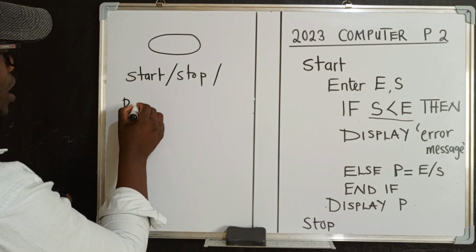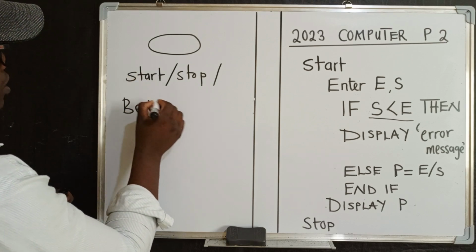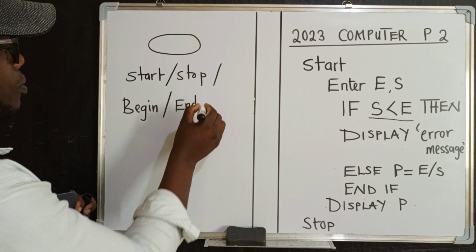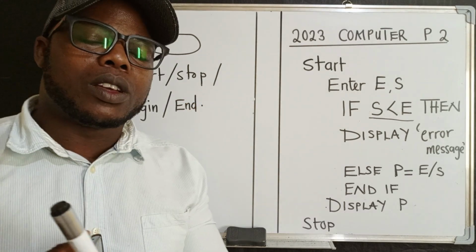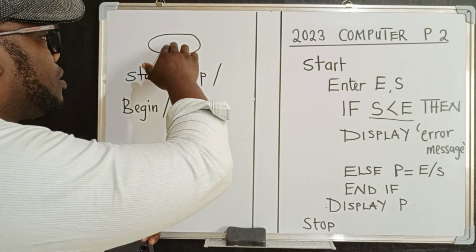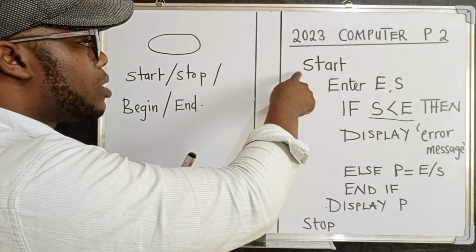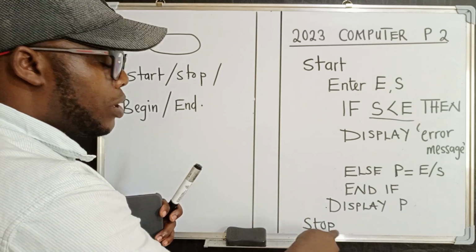We know that begin and start are the same, or end. Okay? So please remember, this shape is what we need to use where we see the word start or where we see the word stop.